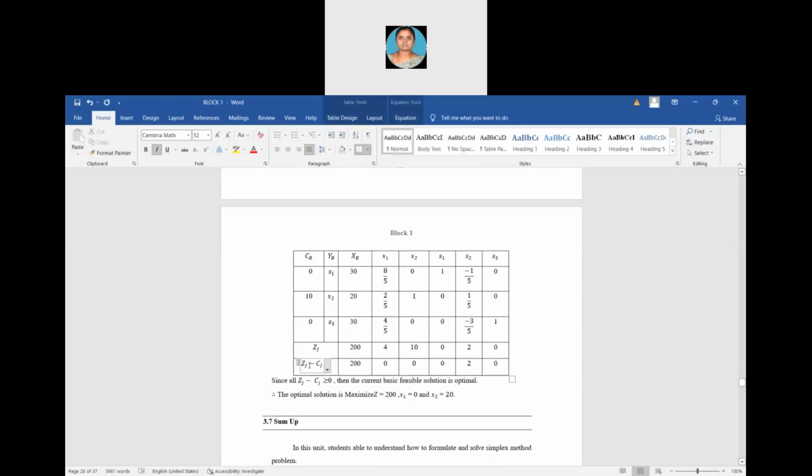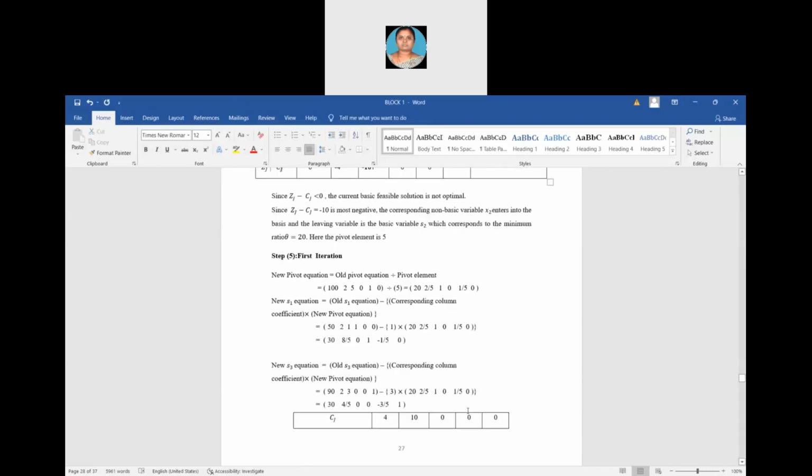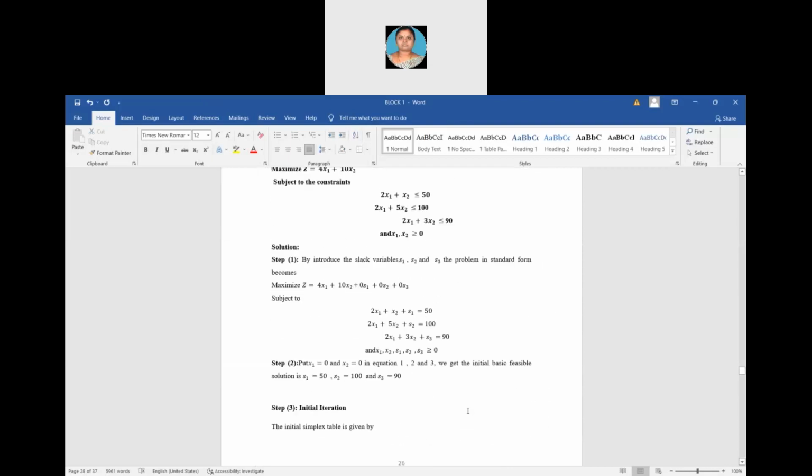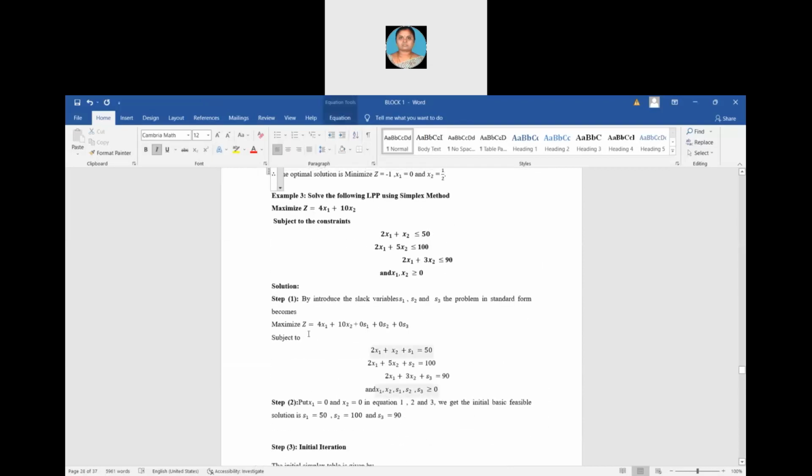That is, your x2 value is 20. You are not having any x1 and also not x3. So your x1 value is 0 and similarly x3 value is also 0, x2 equal to 20. These three values you can take and substitute in our objective function. What is our objective function? Maximize Z equal to 4x1 plus 10x2.